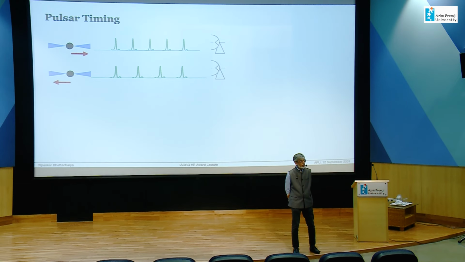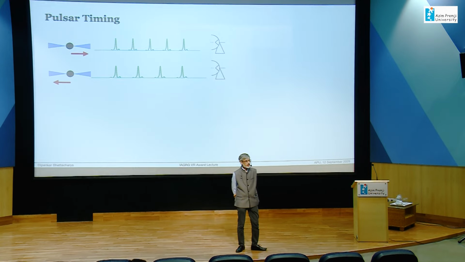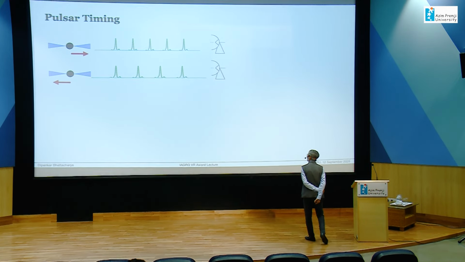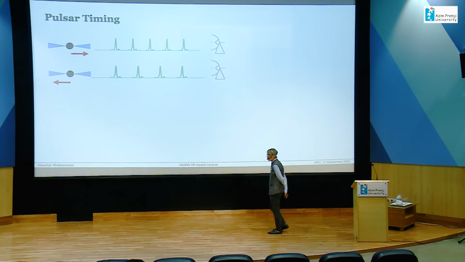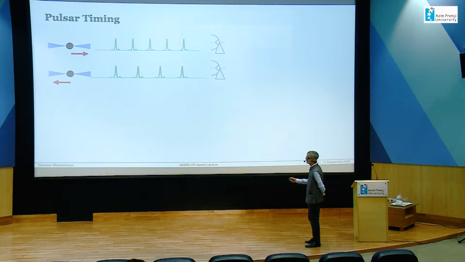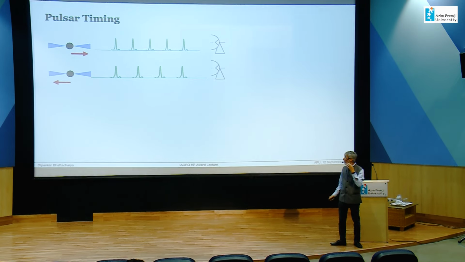What I have not yet talked about is using pulsars as tools to measure gravity around them. And for this, pulsar timing is a very important tool. So you have a pulsar which is Doppler shifted towards the observer, Doppler shifted away from the observer as it comes close or goes away.